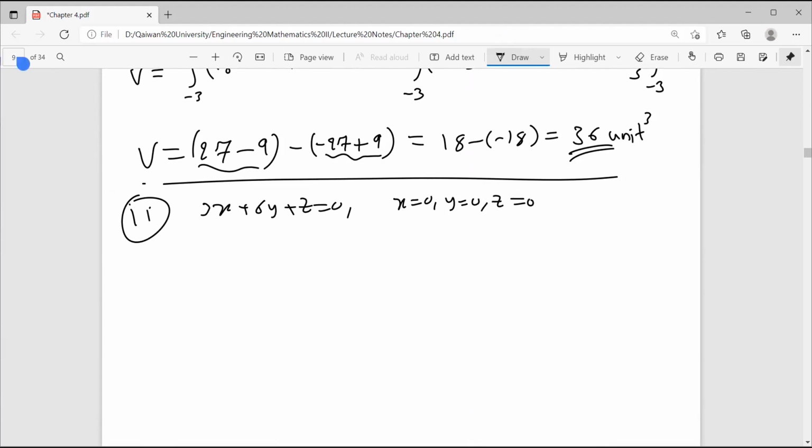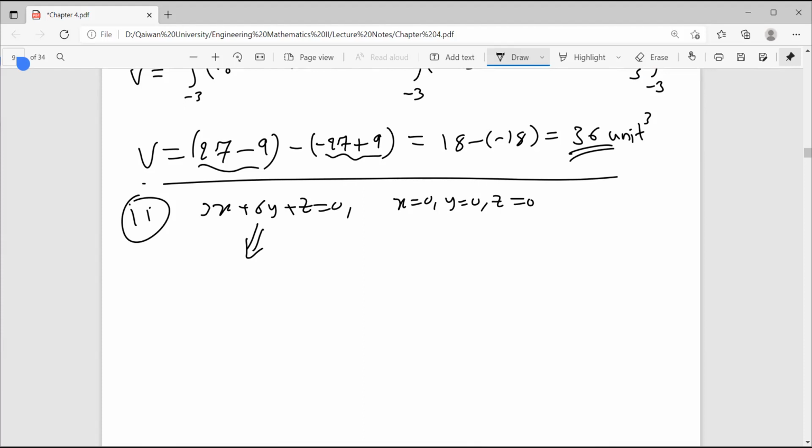It says find the solid which is bounded by these planes. Here, from this, look, the lower limit of each variable is 0. It's given that here. X is 0, y is 0, z is 0. The lower limit is 0 for each x, y, and z. We just need to find the upper limits.